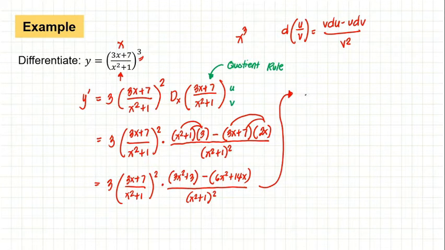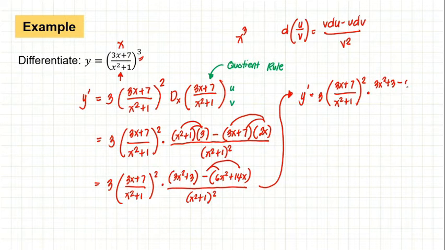We will now have y prime is equal to, we copy 3, then 3x plus 7 all over x squared plus 1 raised to the power of 2, times, we have 3x squared plus 3 minus, we distribute the negative sign. You have negative 6x squared and negative 14x all over x squared plus 1 raised to the power of 2.